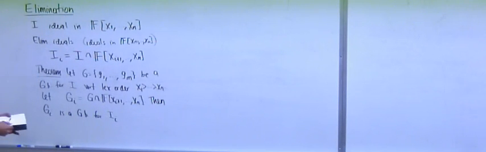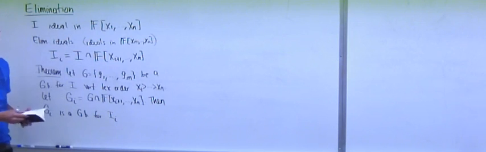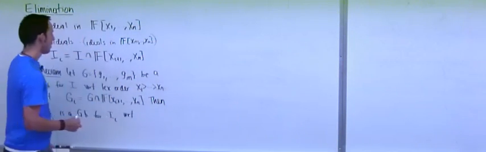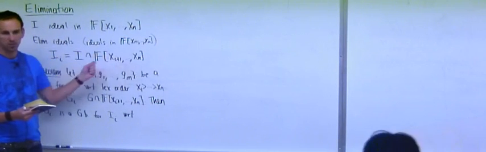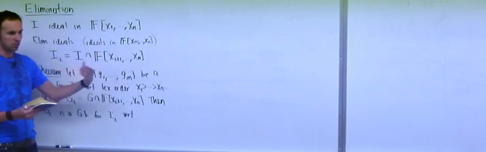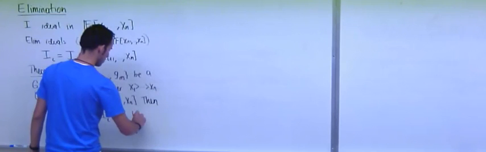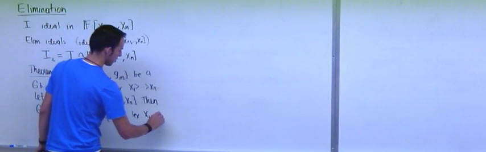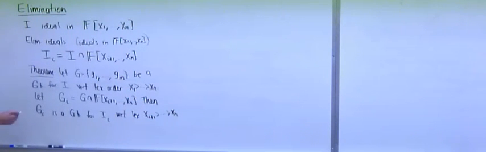Now whenever I say it's a Gröbner basis, I have to specify with respect to what order, right? And if you think about it, that should be an order only in the last variables, because we're talking about the ring that only involves the last variables. So this is the lexicographic order with the variables in the same order, except that you forget about the first i variables because they don't appear.